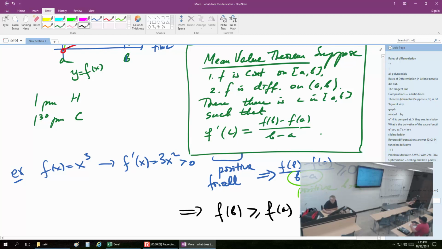That's called an increasing function. That is really what we're after. Monotonicity, the collective word for decreasing or increasing behavior, we derive from the derivative.